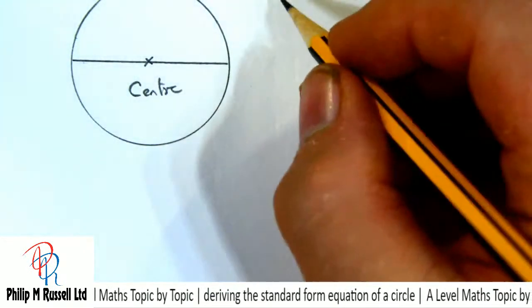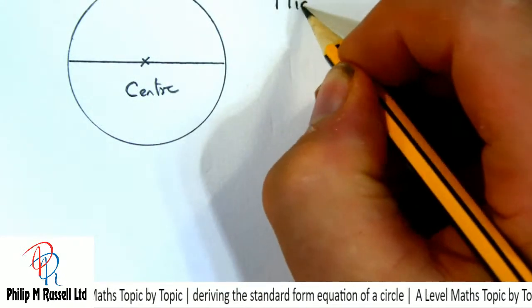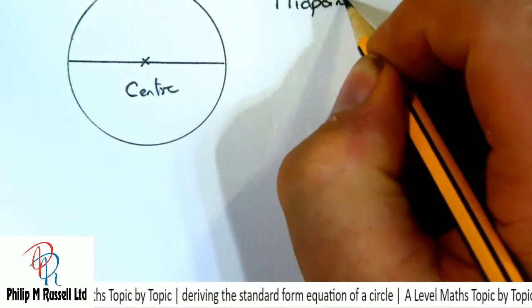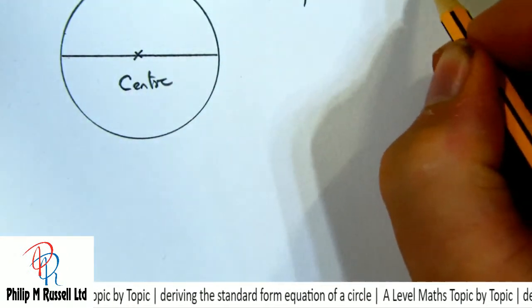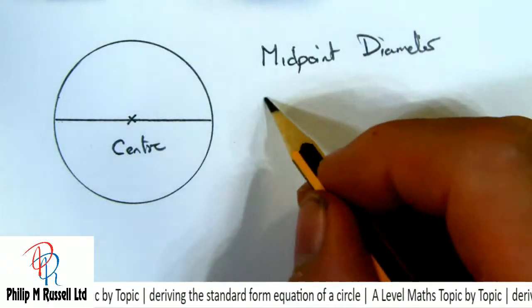So very simple, but very obvious. The midpoint of a diameter is certainly going to equal the centre.